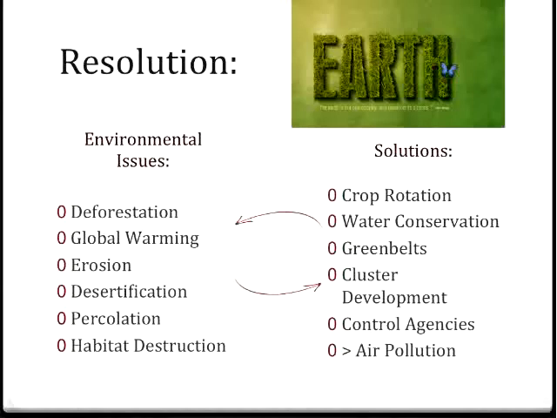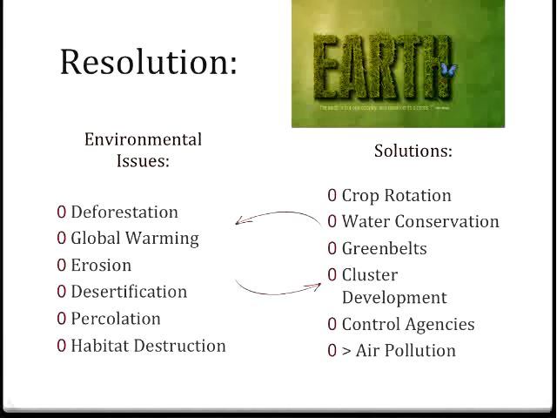So, what are the environmental issues with this case study? Well, we've got major deforestation occurring because of urbanization. And then we have global warming occurring due to deforestation. We're releasing tons of pollution in the atmosphere, and we're getting rid of our photosynthetic plants, which reproduce oxygen in the atmosphere.